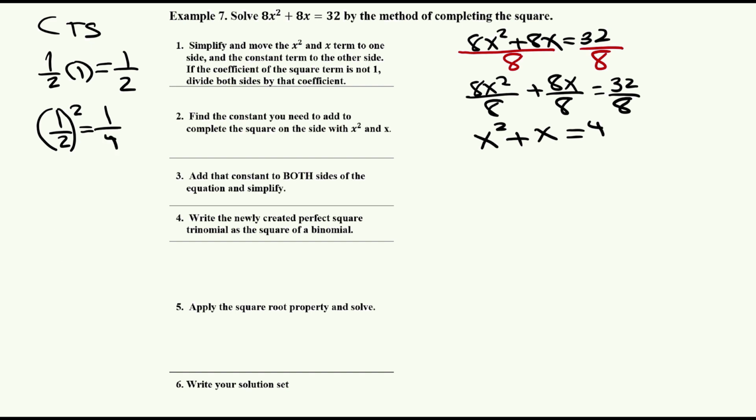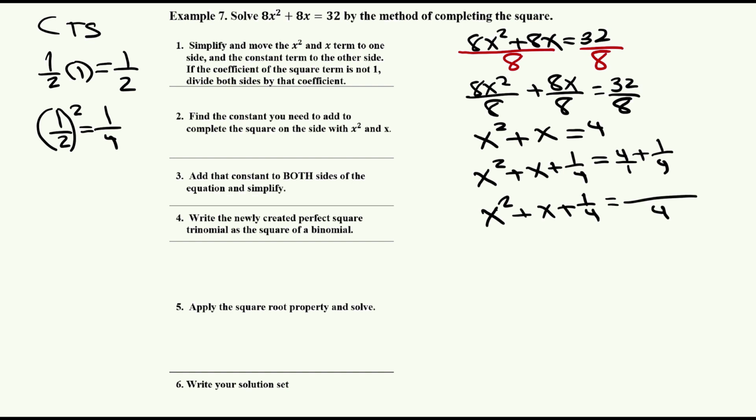So we add 1/4 to both sides, and we end up with x squared plus x plus 1/4 equals 4 plus 1/4. Here, of course, we're going to have to get a common denominator of 4, which means we need to multiply the 1 by 4 and the same with 4.